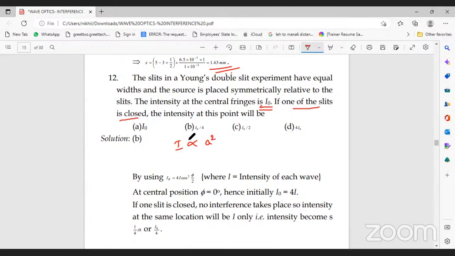Now, if among these two slits, one slit is closed, half of the amplitude is decreased, no?